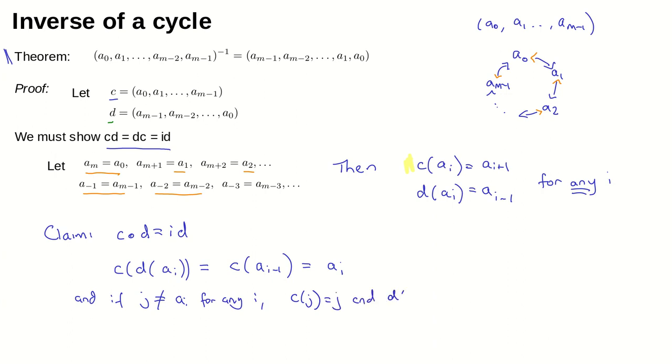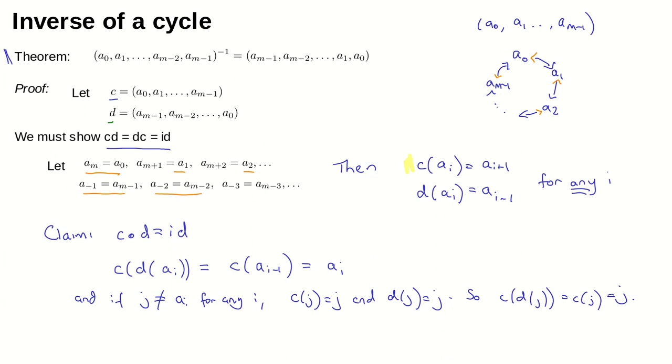And D of j is j again, because j does not appear amongst any of the things in my two cycles C and D. So again, in this case, C of D of j is equal to C of j is equal to j. We've shown that for any number, whether it is an Ai or whether it is not an Ai, C applied to D applied to that number is just that number again. So C composed with D is the identity function.